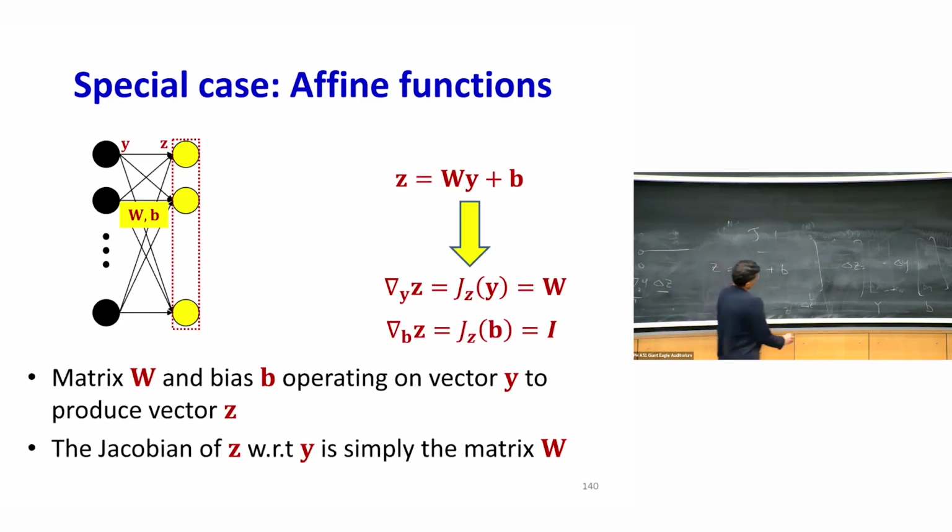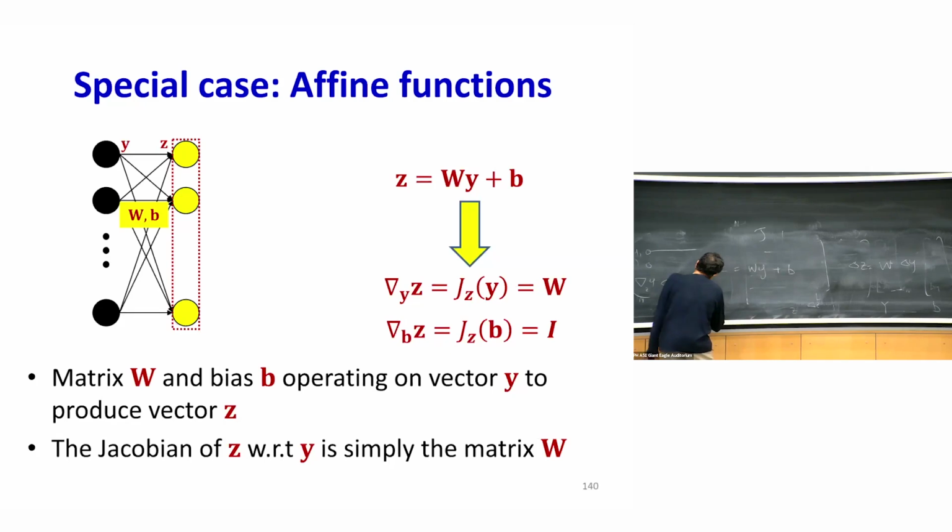I can see this easily enough. Z plus delta z equals w times y plus delta y plus b. So the derivative of z with respect to y is simply going to be the weight matrix w. What is the derivative of z with respect to b?